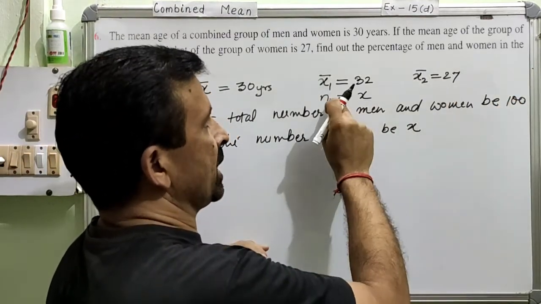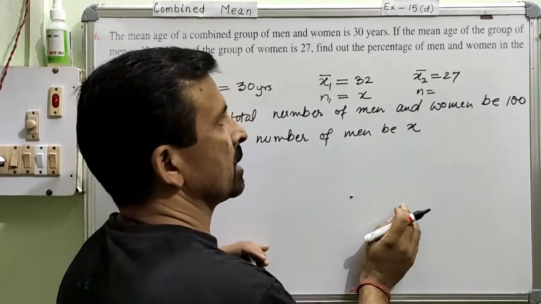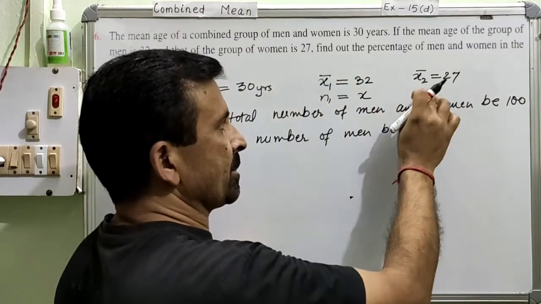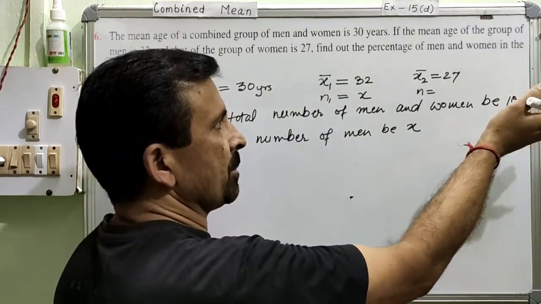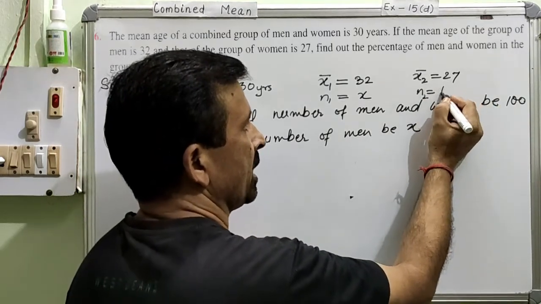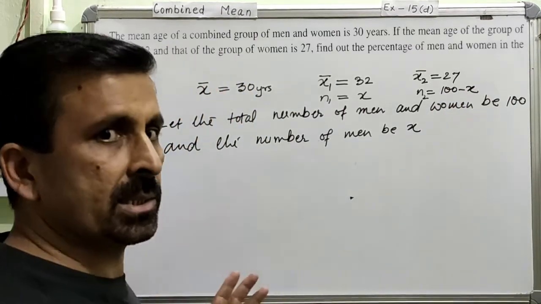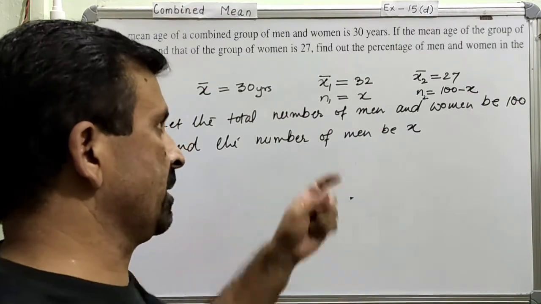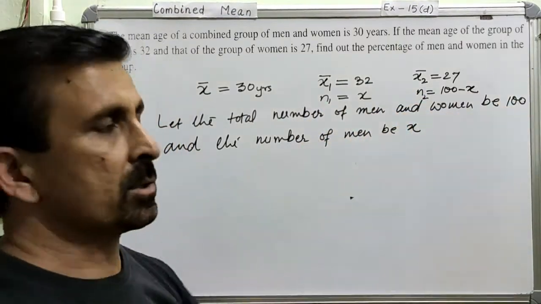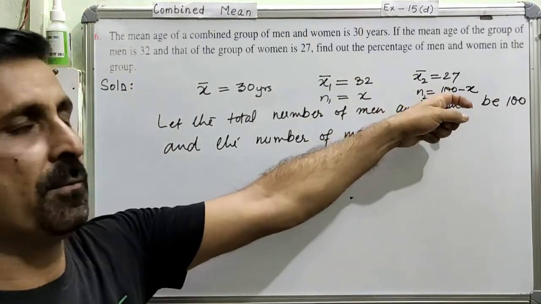Out of this 100, if the number of men is x, then what could be the number of women? x is part of this 100. So x is the number of men. That means the remaining will all be women. Therefore, the number of women, N2, will be 100 minus x. Is this very clear? And now we have the values of N1 and N2. We also know the total number, so we will be able to find the percentage of men and the percentage of women.